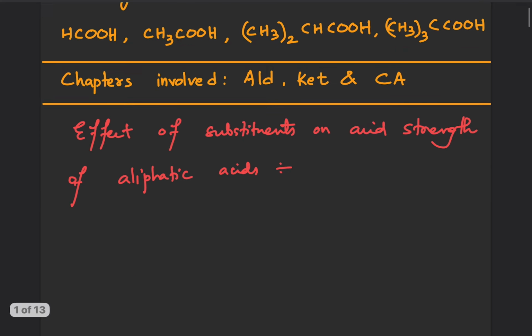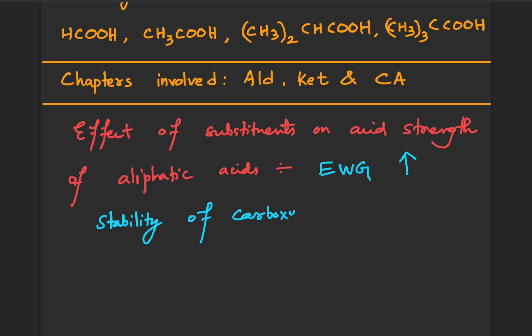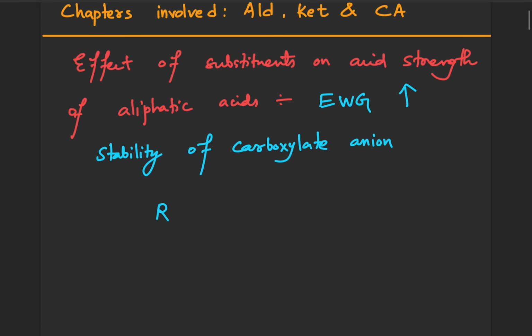We need to know that electron withdrawing groups, that is EWG, increase the stability of the carboxylate anion, which is RCOO minus. This ion is formed when carboxylic acids show acidic character.